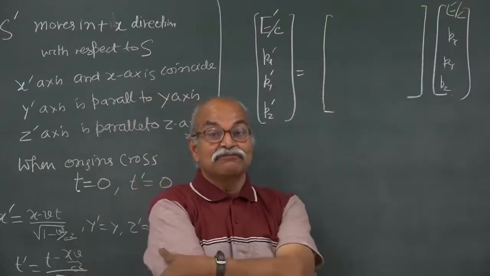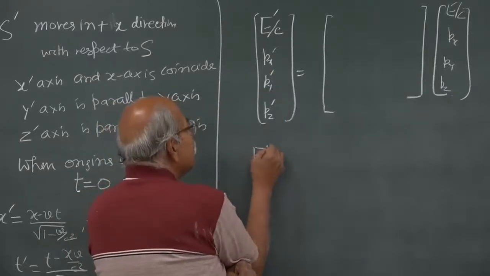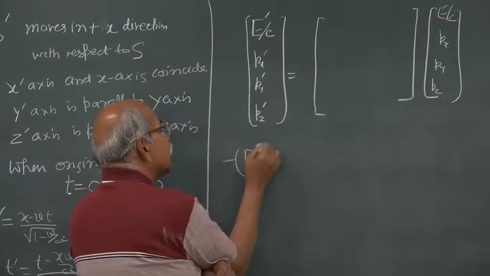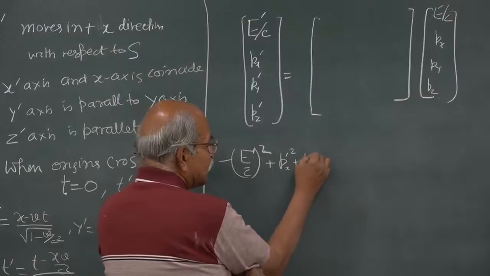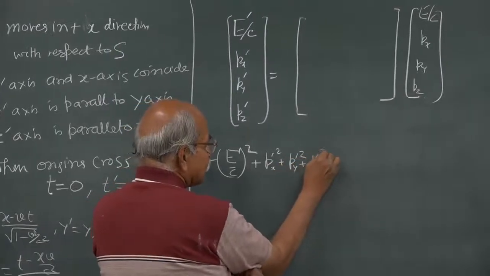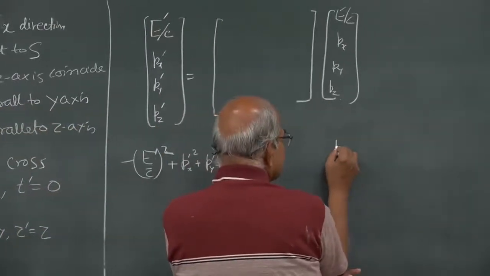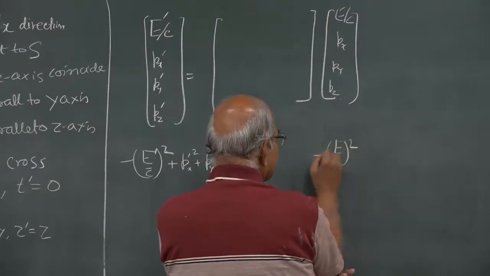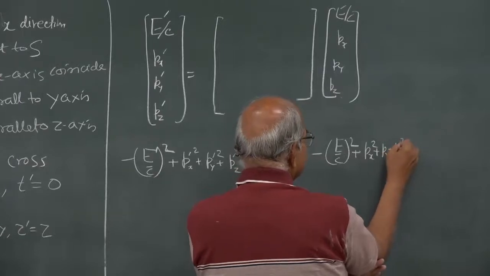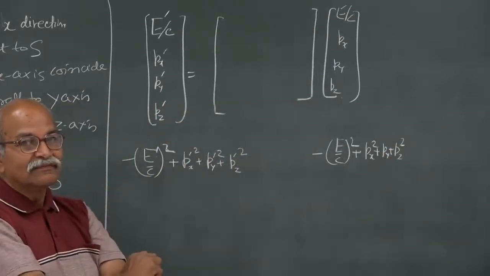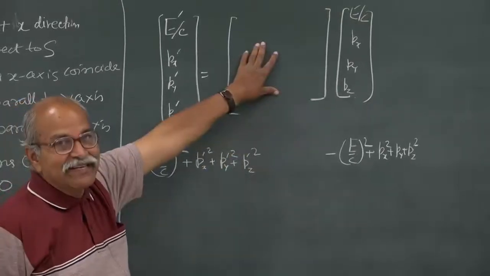But one thing I can be very sure of: if I consider this quantity, minus E prime by c square, plus Px prime square, plus Py prime square, plus Pz prime square, and here I construct minus E by c square, plus Px square, Py square and Pz square, they are going to be the same whatever this matrix is.